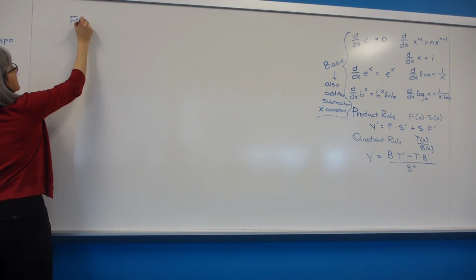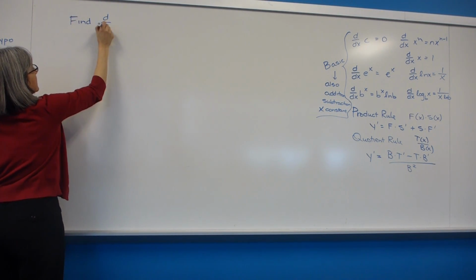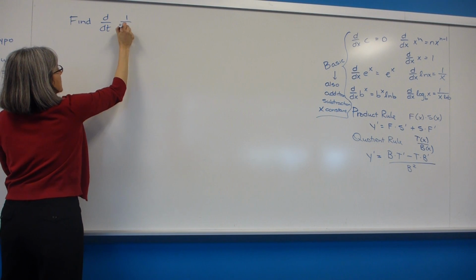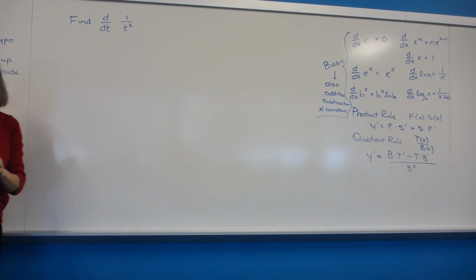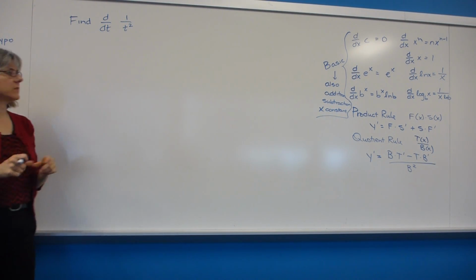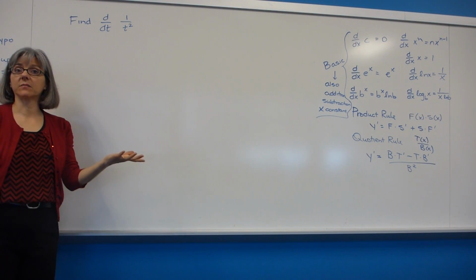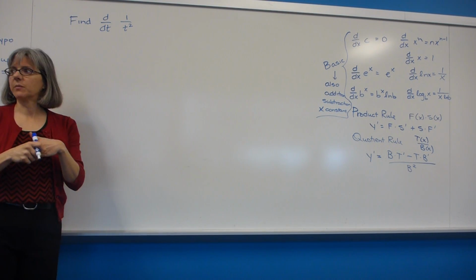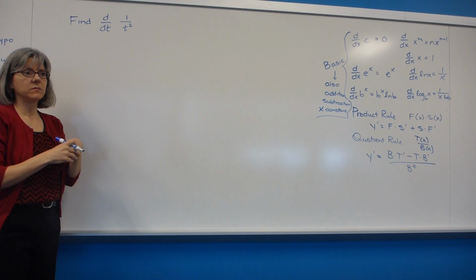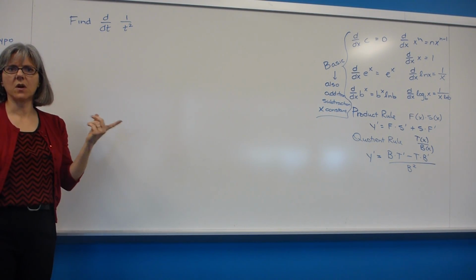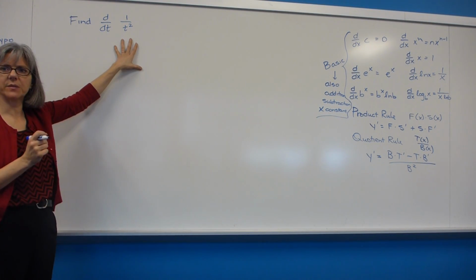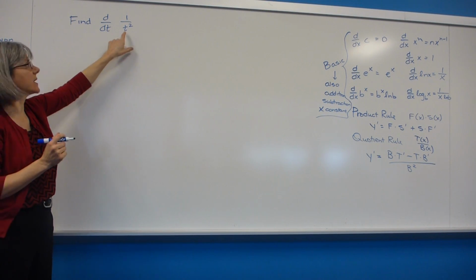All right, find d/dt of 1 over t squared. So our first question is always, is it a basic? I'm seeing some nods yes. Are there really two ways we can do this? There are. We'll do them both ways. Does everyone see how this is a basic? Because I can rewrite this.